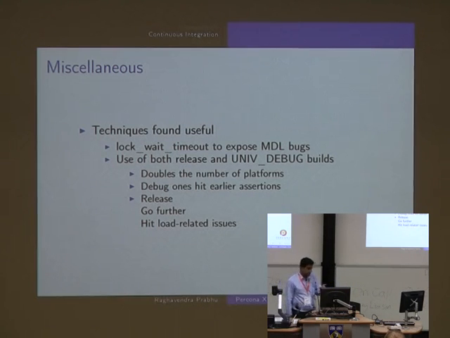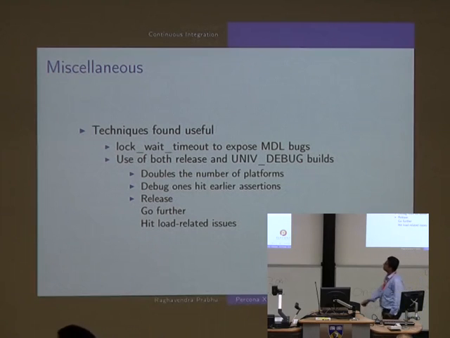So I set it to a very low value, like 50 seconds or something like that. When there's an issue, it crashes. It's always better when you are debugging for a server to crash, so you can get a valuable backtrace and things like that. Or it may hit assertions in the debug builds.